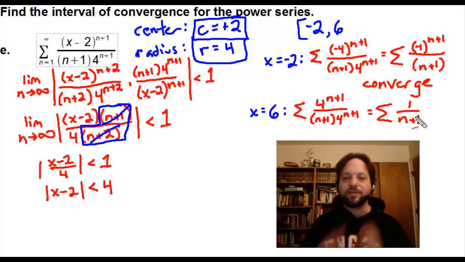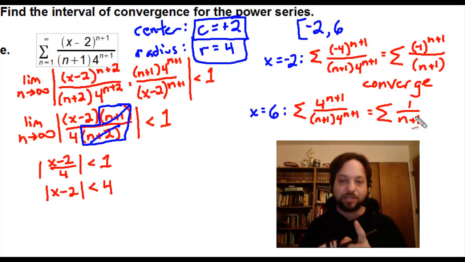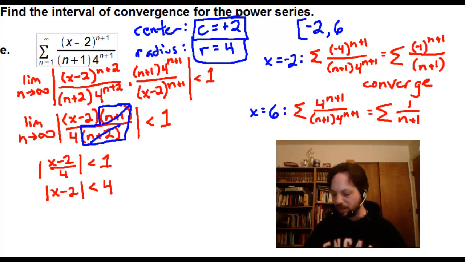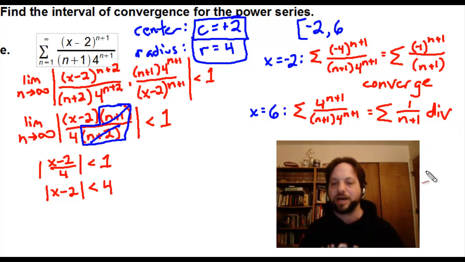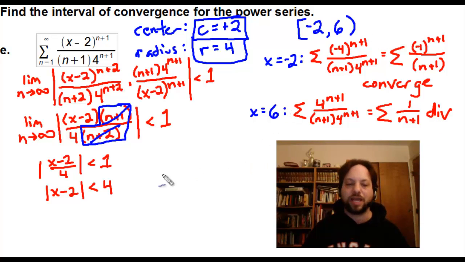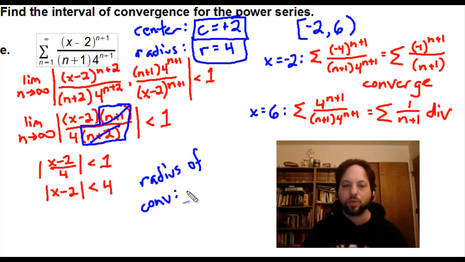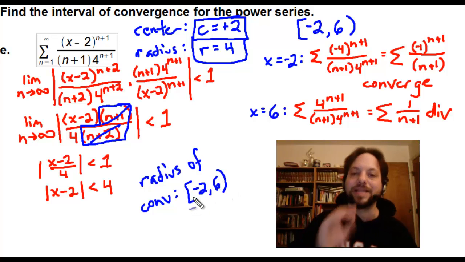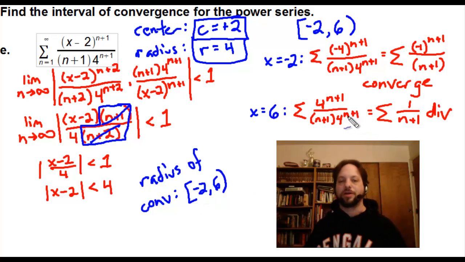You can consider it very similar to the p series with p equals 1. And of course, what happens to a p series with p equals 1? It diverges. And so I end up with an interval of convergence, and I'll write it down here. It will be -2 to 6, and this will include the -2, but not the 6. The -2 will converge, the 6 will not, as we saw here.